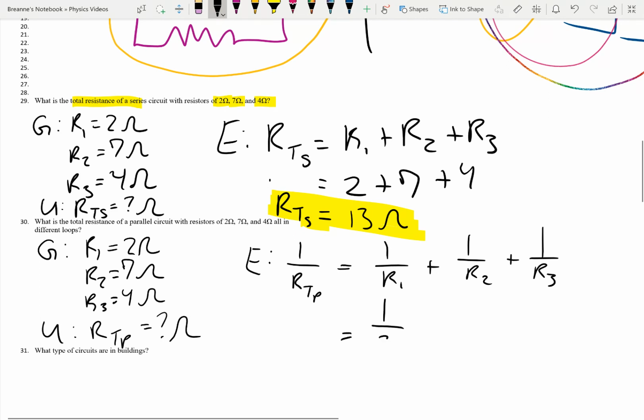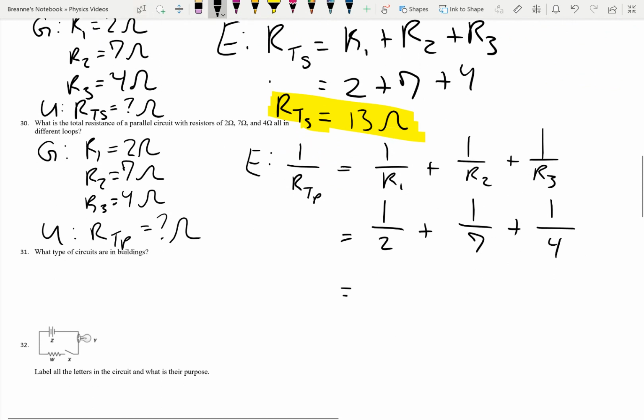Because that means we're going to do 1 over 2 plus 1 over 7 plus 1 over 4. And my best suggestion to make sure you do it right is I would go ahead and get the fraction form or the decimal form of these. So it'd be 0.5 plus 0.14 plus 0.25. And you would go ahead and add those up.